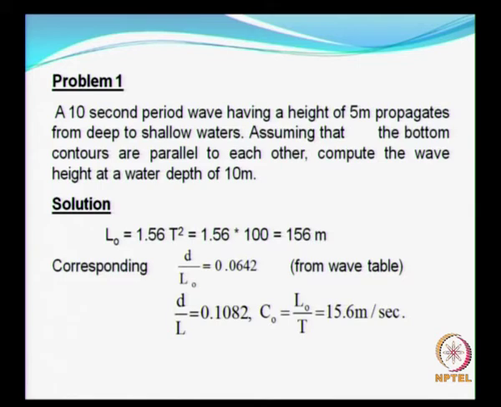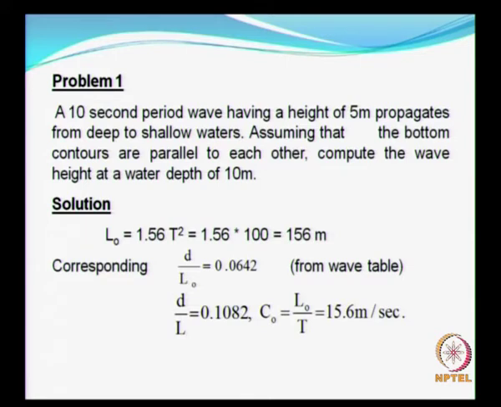So this could be the easiest problem you can think of. This is only an assumption, so there can be loss or gain. If the seabed is uneven, you can have either an increase or a decrease in energy.